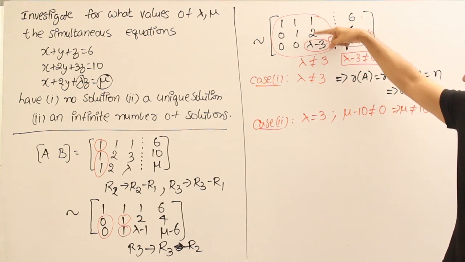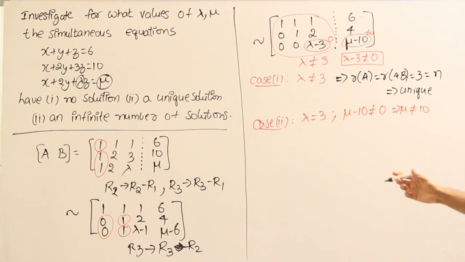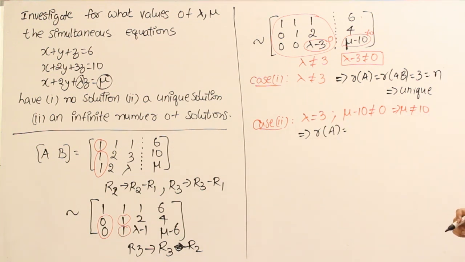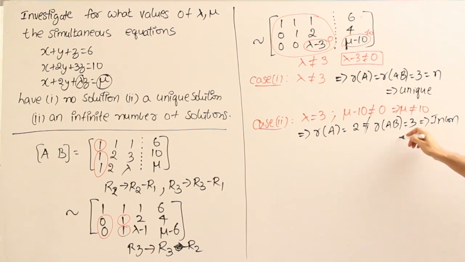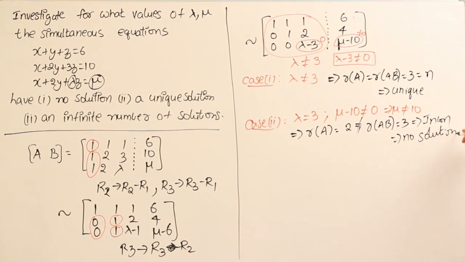The number of non-zero rows in A equals 2 and the number of non-zero rows in AB equals 3, right? So that implies rank of A is going to be equal to 2 and rank of AB is going to be equal to 3, and since both are not equal, it is inconsistent. Inconsistent means no solution. In this case there is no solution.